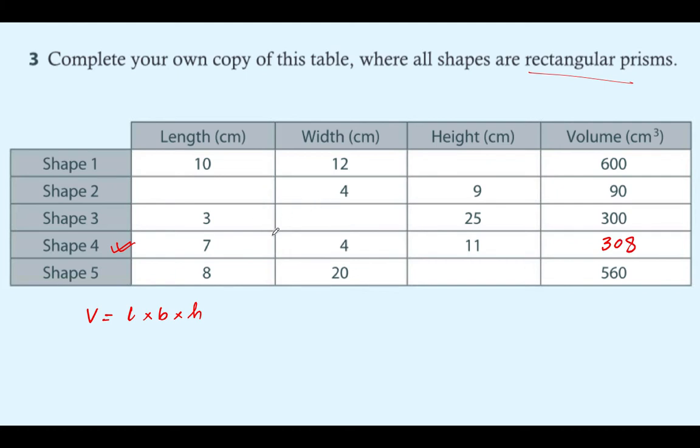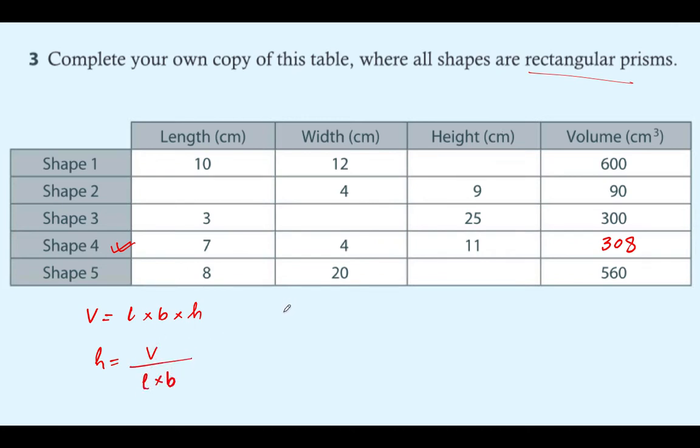Now in other cases, we have been given the length and width and we need to find the height, and volume is given. So if volume is given and you need to find any of these three, we can divide or shift the remaining two elements to the other side. Let's say if you need to find height, that is equal to volume divided by length times breadth.